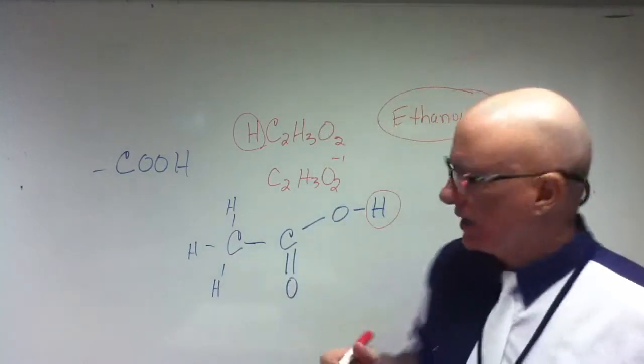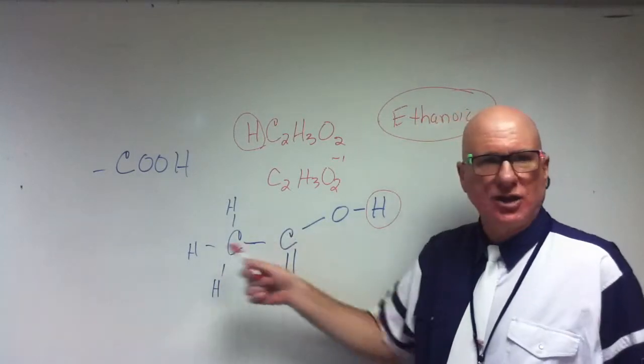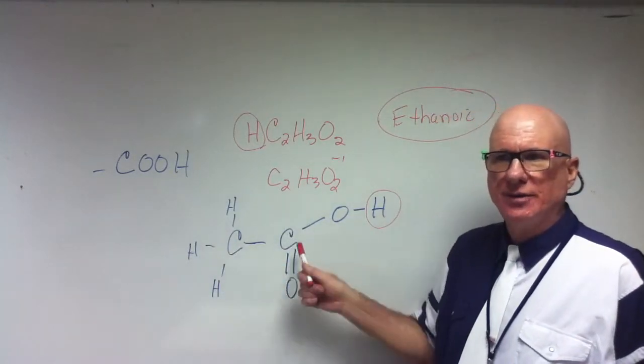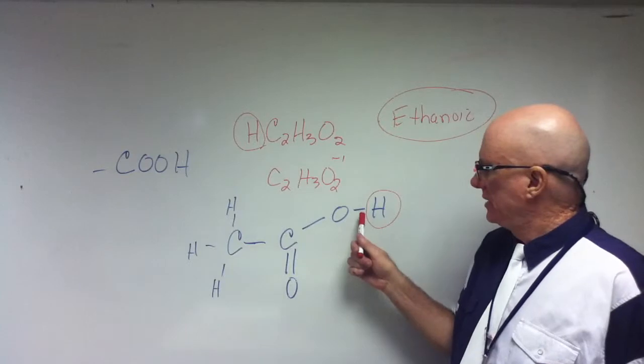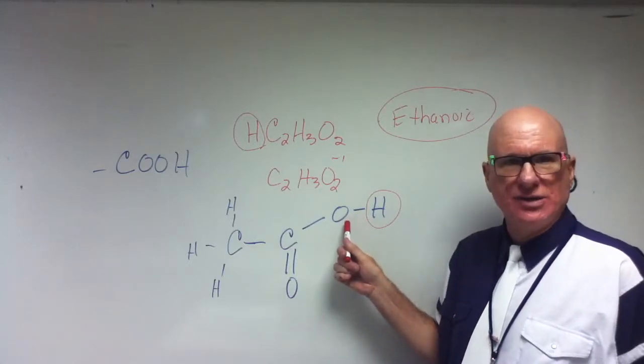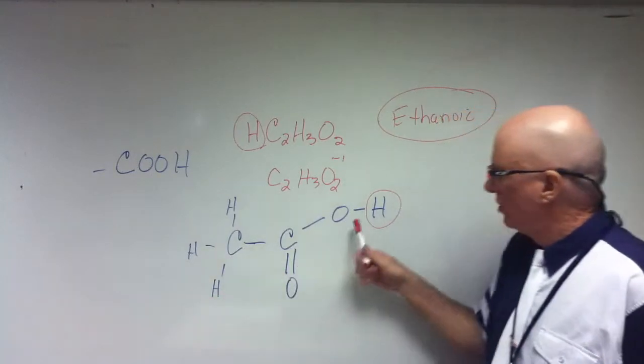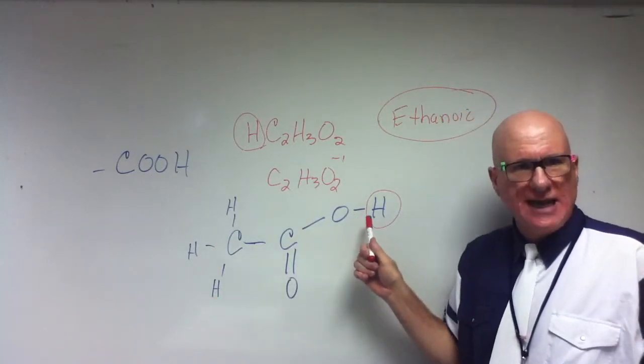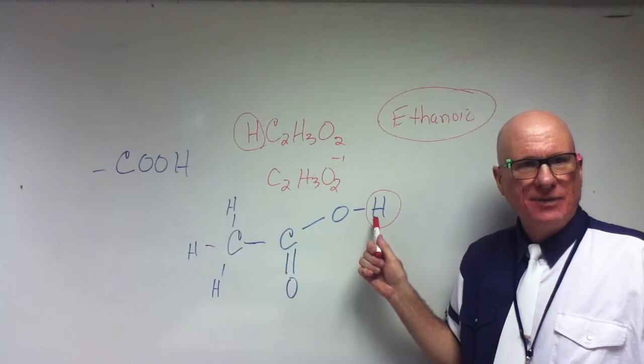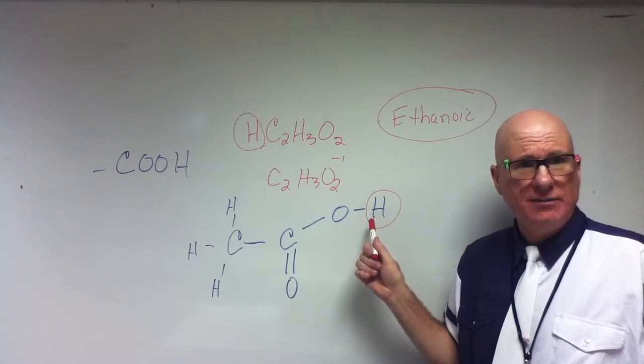It kind of sucks electron charge into it. Clear? So it kind of weakens this bond as a result. The electrons kind of get pushed this way. So the charge that's holding that H in place is not as strong as it could be.